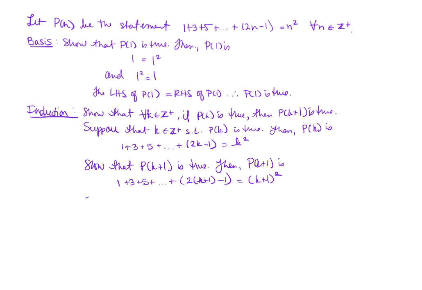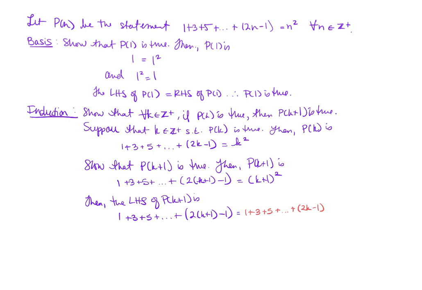So we will say then the left-hand side of P of k plus 1 is, and let's look at it, we get 1 plus 3 plus 5 plus dot dot dot plus 2 times k plus 1 minus 1. And we know again, same as last time, that the first k terms are 1 plus 3 plus 5 plus all the way up to 2k minus 1.